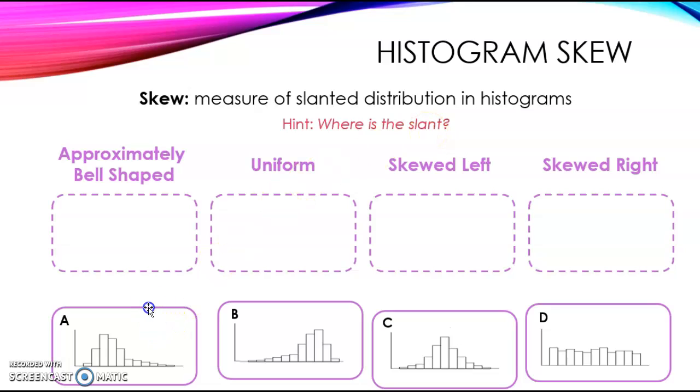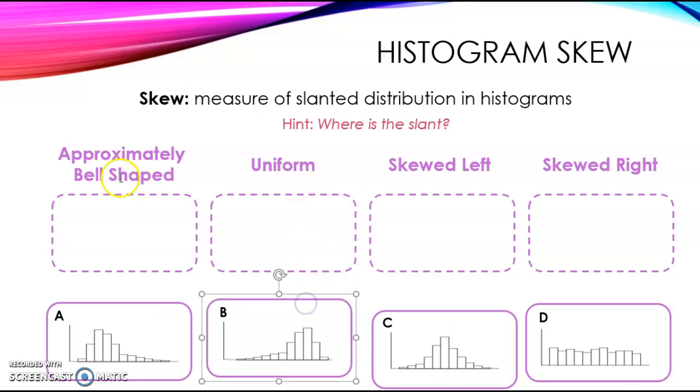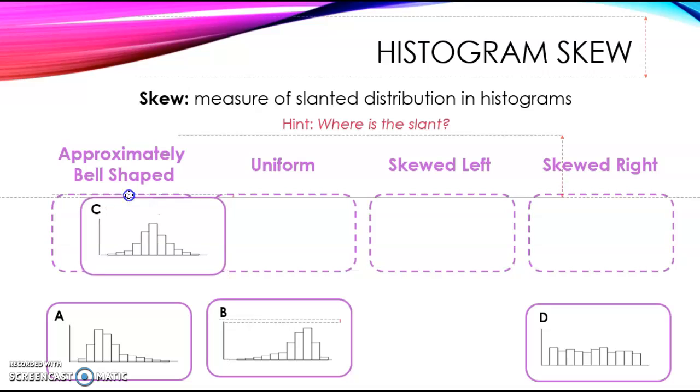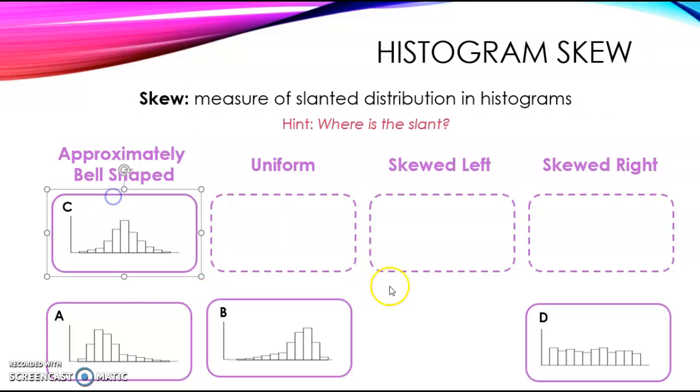I have these pieces down here that we are going to correctly place under the vocabulary words at the top. There's approximately bell-shaped, and choosing between options A, B, C, or D, the one that is approximately bell-shaped is option C. Notice how it has this sort of bell shape to it. This is what's considered a normal distribution.